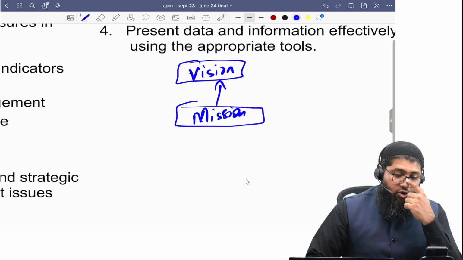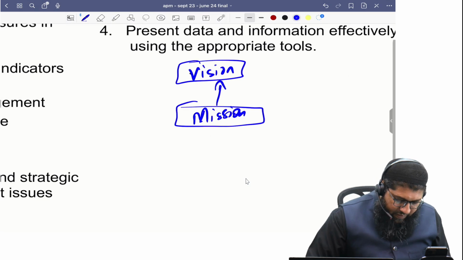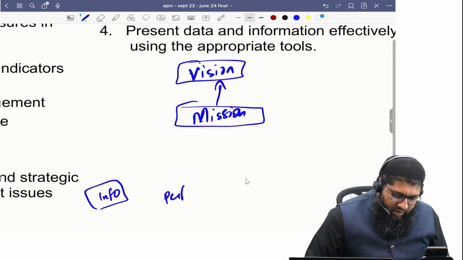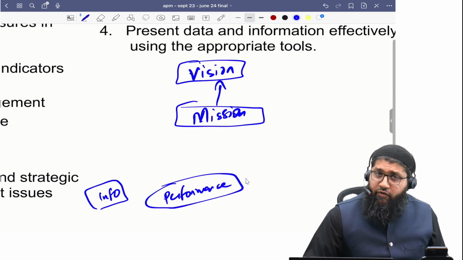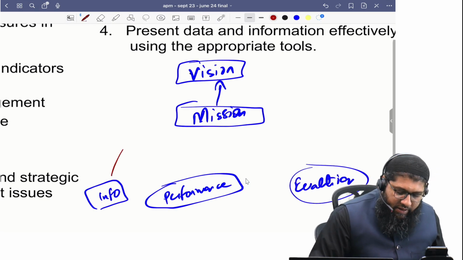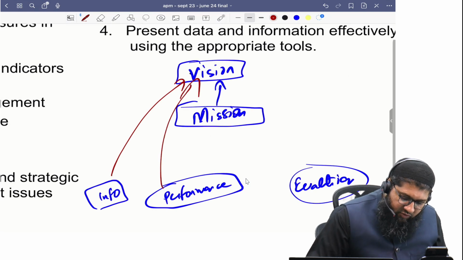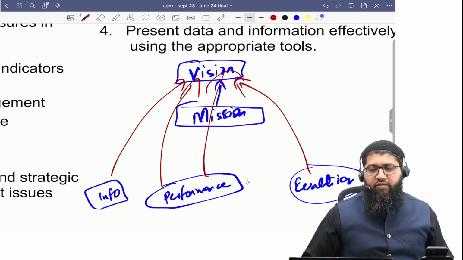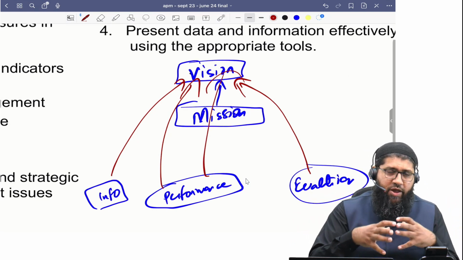Ultimately, whether it is about information capturing, performance measurement, or performance evaluation, the whole objective is that we need to be able to reach our vision. That is the whole agenda.